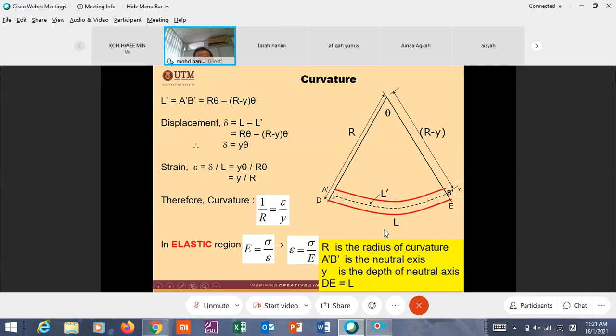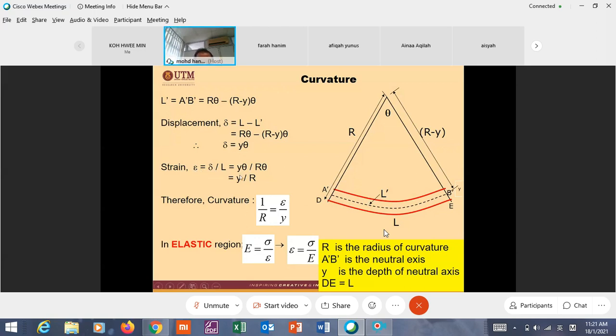L minus L' is the bending strain, equal to R theta minus (R minus y) theta, equal to y theta, where y is the depth of the neutral axis.